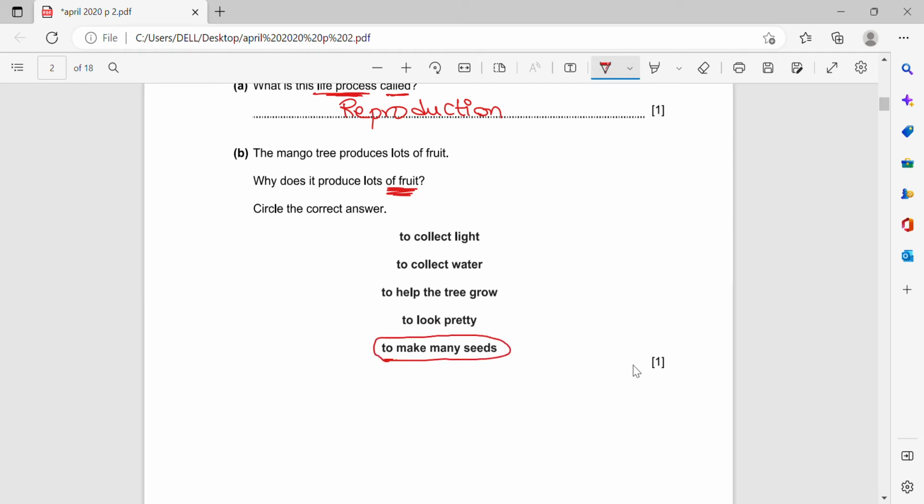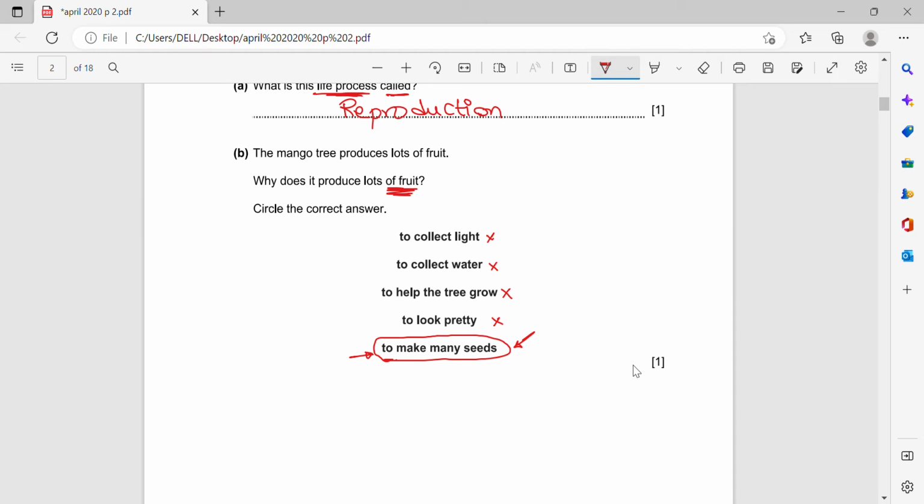The fruit doesn't collect light or water, and it doesn't help the tree to grow or look pretty. So the function of the fruit is to make many seeds. The seeds grow up later and give me another mango tree.